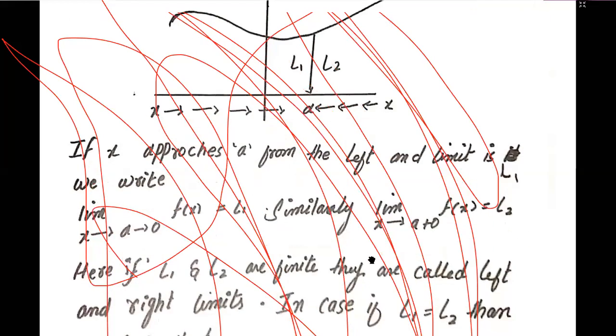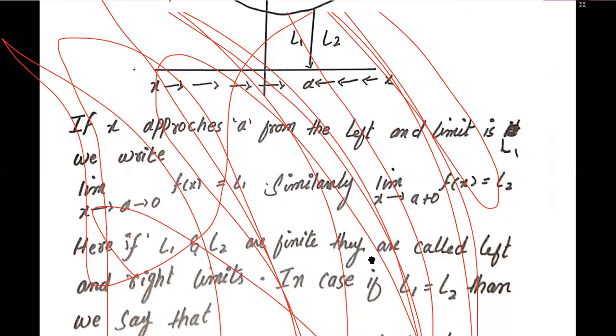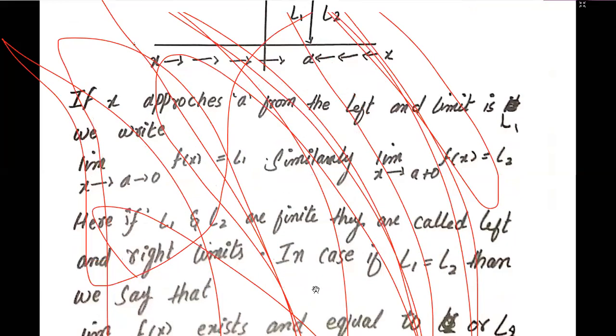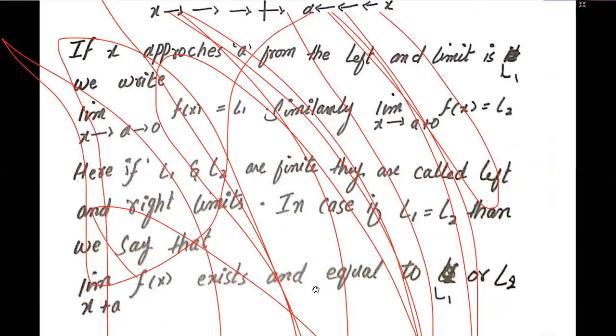If L1 and L2 both are finite, they are called the left hand limit and right hand limit. But if L1 and L2 both are equal, then we say that limit x tends to a, f of x does exist and equals L1 or L2. For the limit of a function to exist, the left hand limit and right hand limit must be equal.